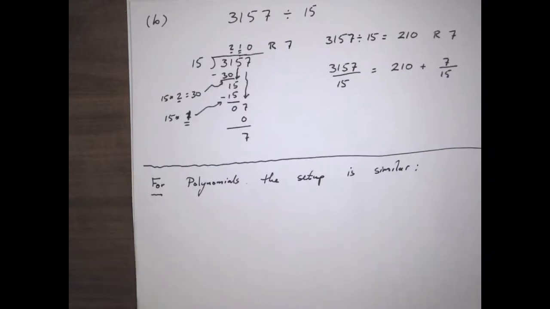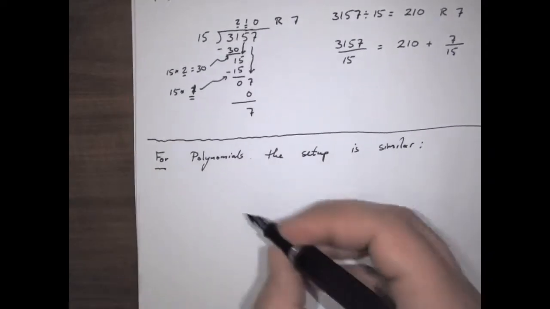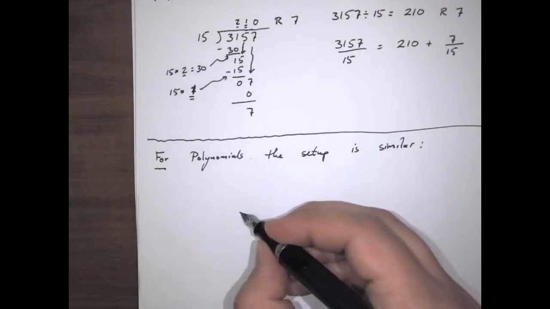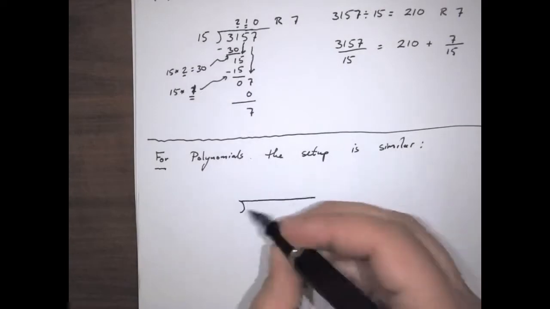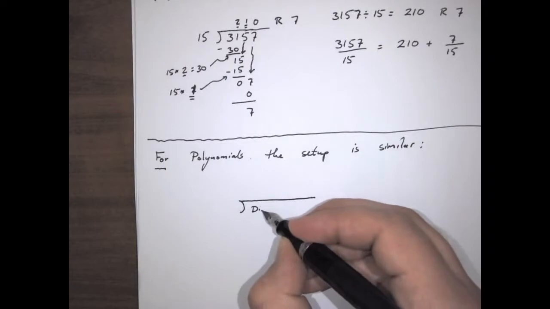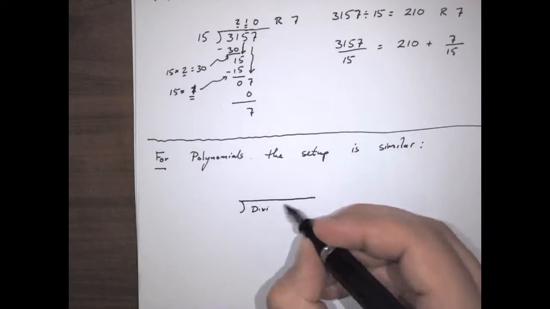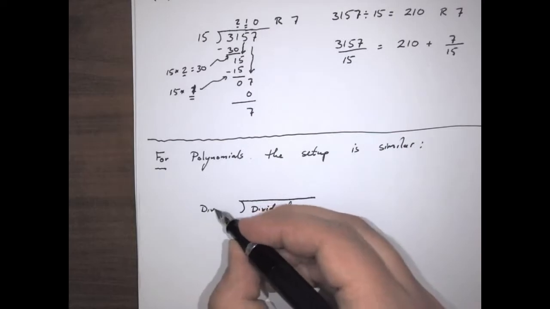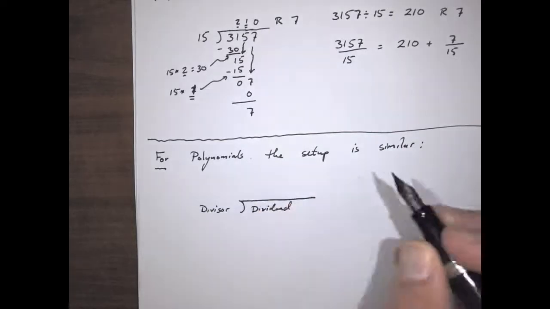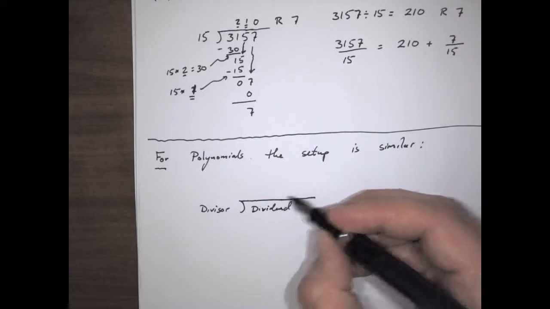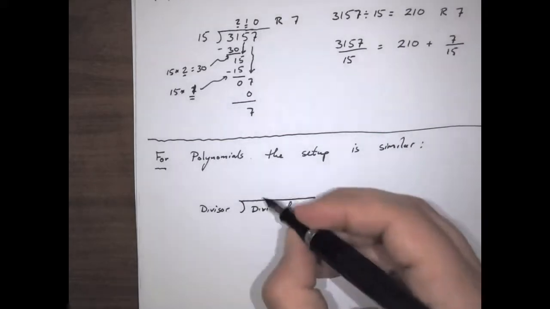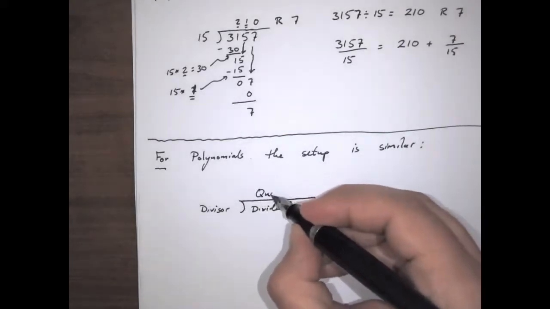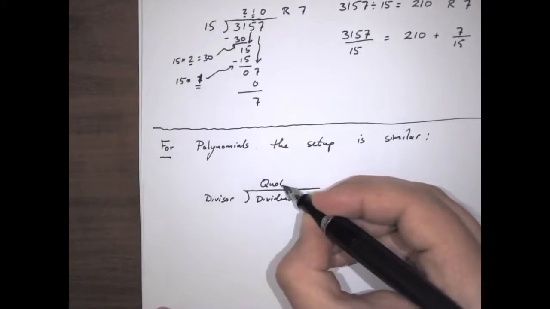You take the one polynomial, you put the other below, so you put the other to the left of it. So we have the dividend, we have the divisor, and we're going to be making the quotient, and we're going to have the remainder. But these are all going to be polynomials now.